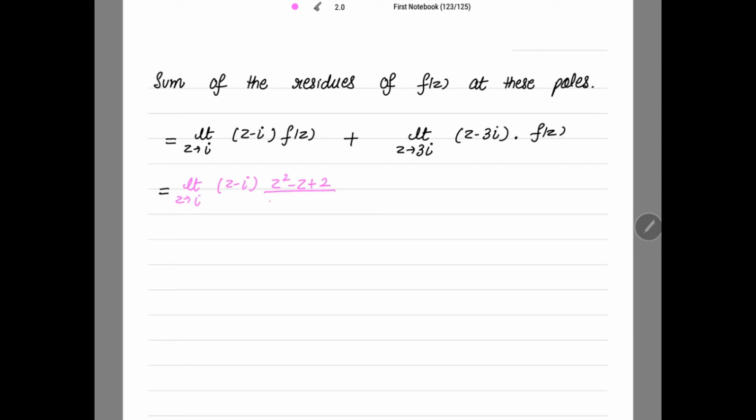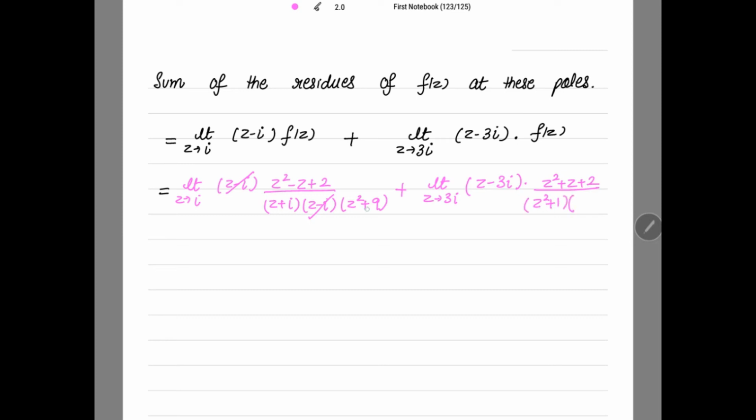So I'm writing z square plus 1 as (z plus iota)(z minus iota), and this is z square plus 9, so that this cancels with this, plus limit z tends to 3 iota, and here it is (z minus 3 iota) into f(z), which is z square minus z plus 2 divided by, now here there is no need to factorize z square plus 1.